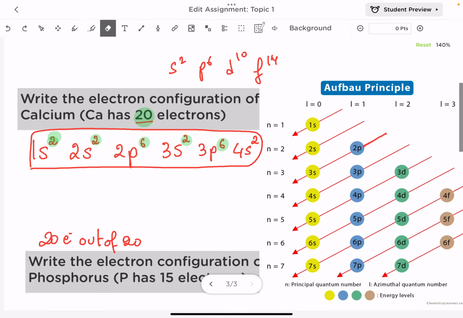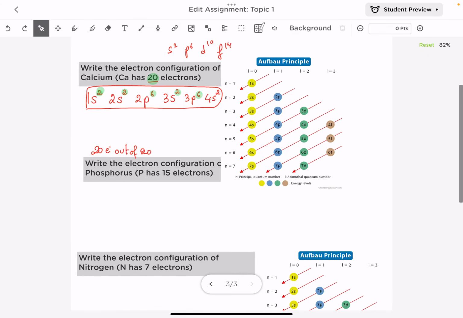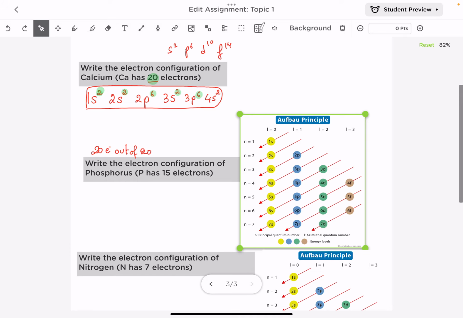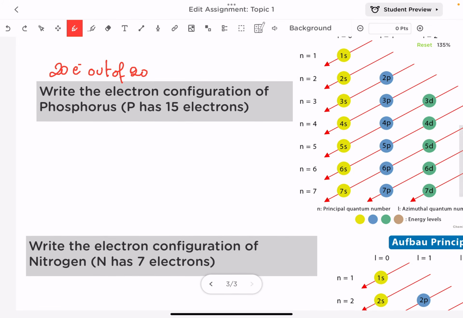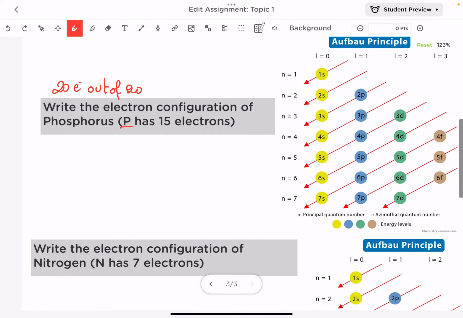Now let's move on to another example. Write the electron configuration of phosphorus, and phosphorus has 15 electrons. So the arrow starts in 1s. So I write 1s2. So now we filled 2 electrons out of 15.